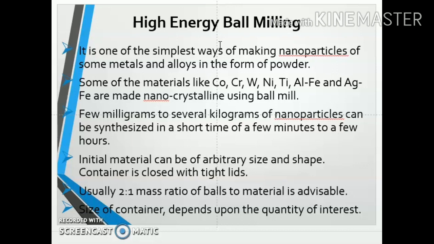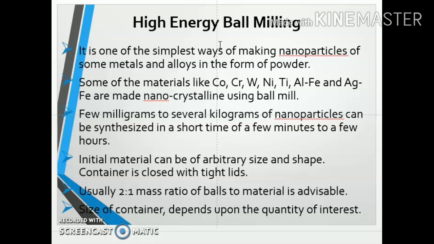Some materials like cobalt, chromium, vanadium, nickel, titanium, aluminum, ferrous alloys and gold ferrous alloys can also be made nanocrystalline using high energy ball milling. A few milligrams to several kilograms of nanoparticles can be synthesized in a short period of time in this high energy ball milling method.